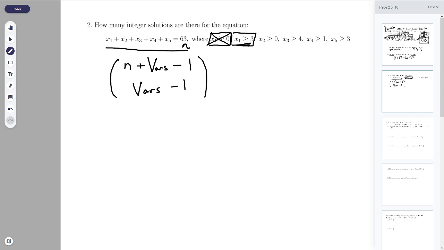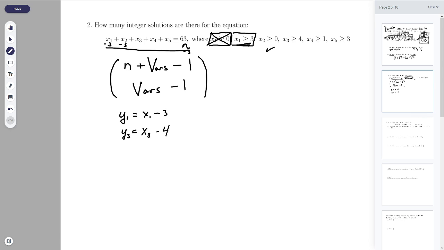So if x1 has to be bigger than 3, then we have to create a y1, which is equal to x1 minus 3. And then what we'll do is subtract off a 3 from both sides, so we'll take n minus 3. And x2 is bigger than or equal to 0, so that's okay. We can leave that as is. For x3 we have to create a y3, which is x3 minus 4.